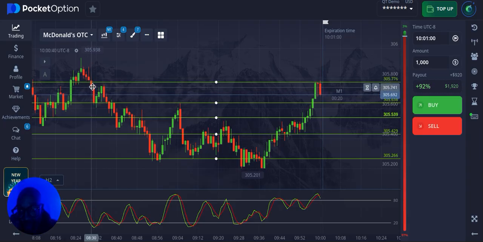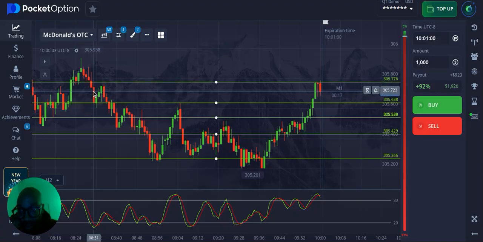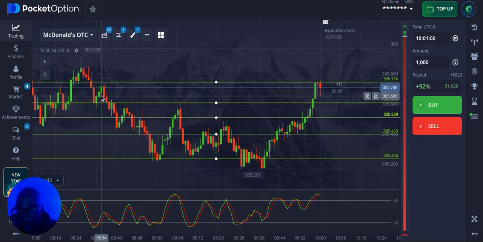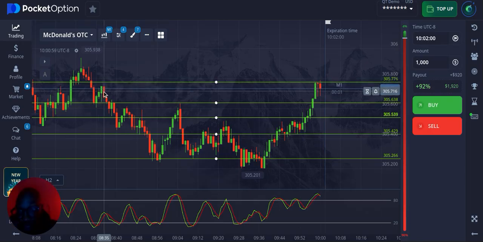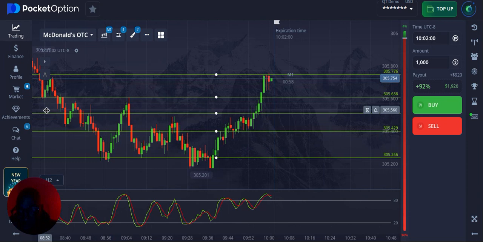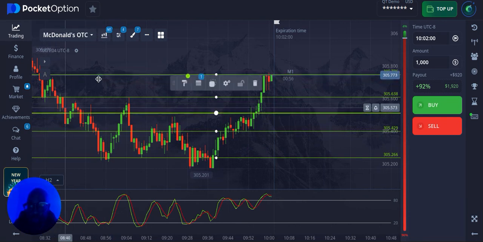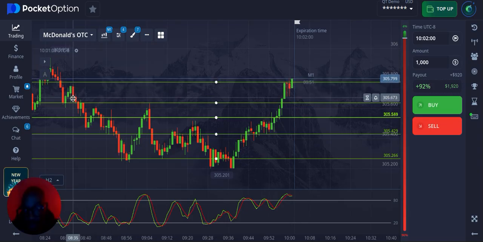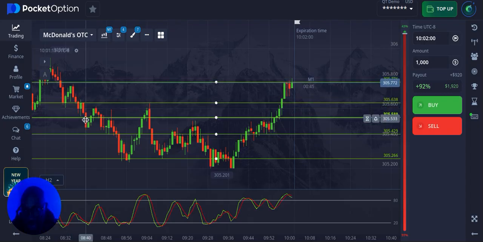Then you have a break and retest that happens right here, and then we continue to the next zone, which was an engulfing candle right here. It comes back up to retest the zone right here, creates another engulfing candle. This is where we are right here, breaks through this zone all the way, comes back, retests, and now we're continuing on. Creates another engulfing candle.